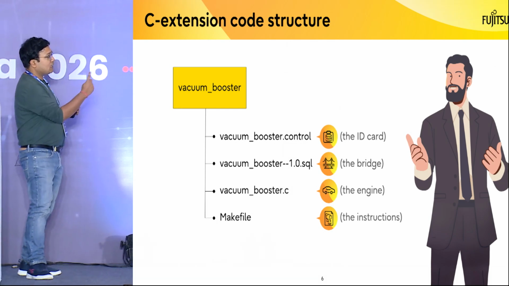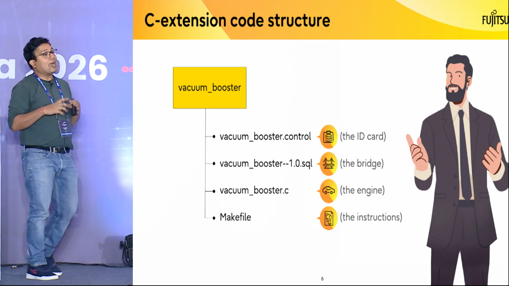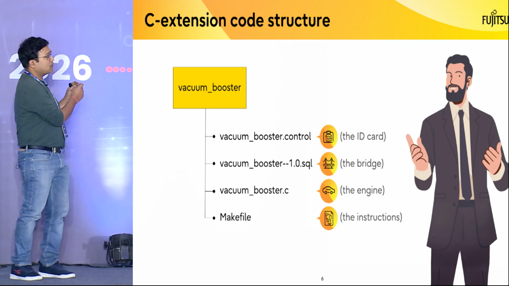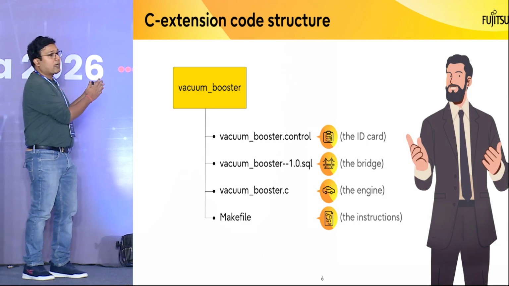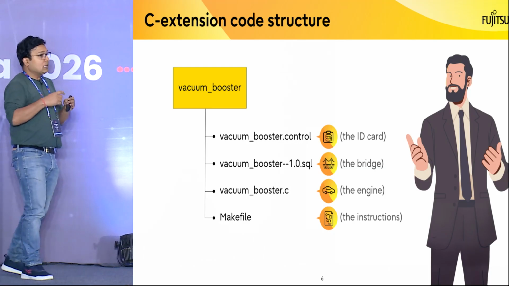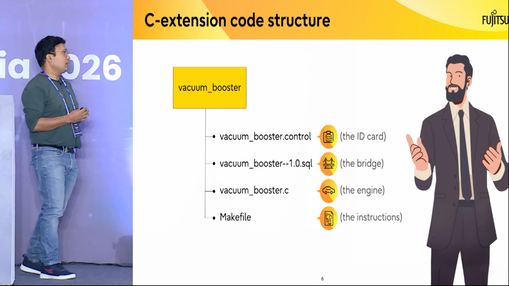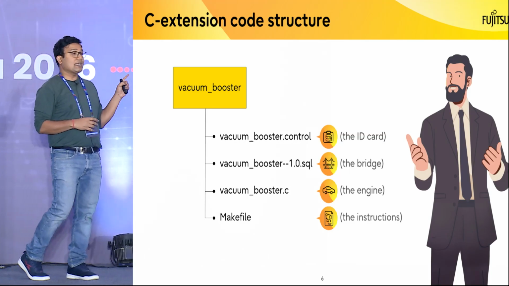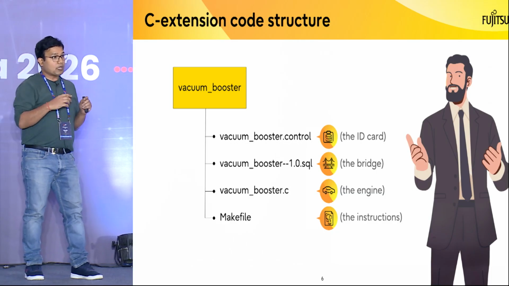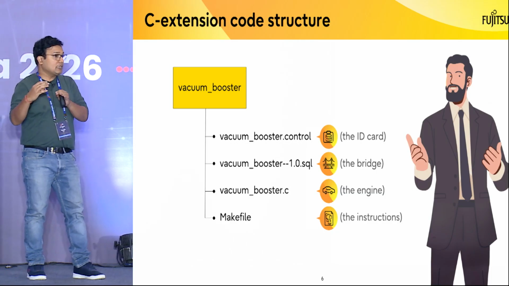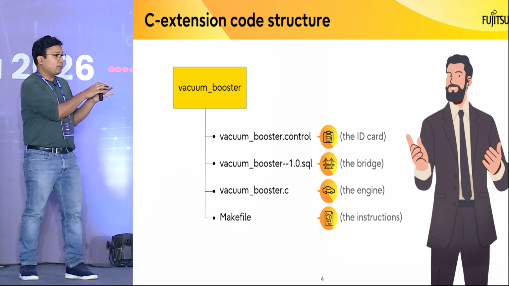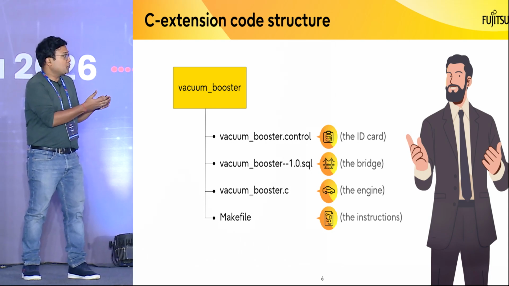The control file is an ID card that tells the system, meaning Postgres, who I am and what my identity is. We'll see these details when we start developing the extension. Another file is the SQL file, where we provide the interface to the implementation we wrote in C, exposed to the user in terms of views, tables, or stored procedures.